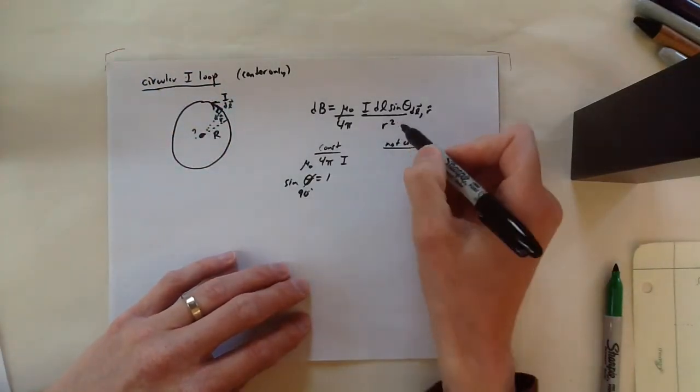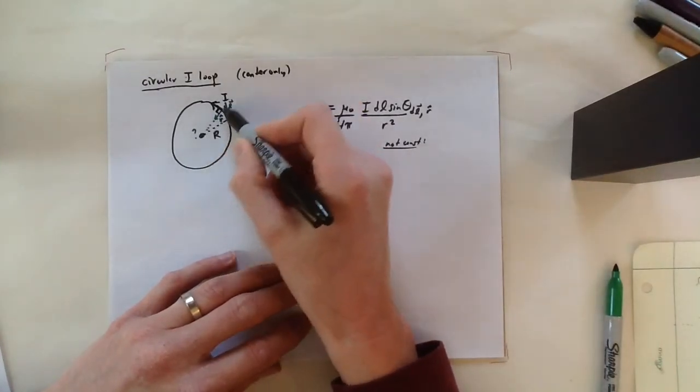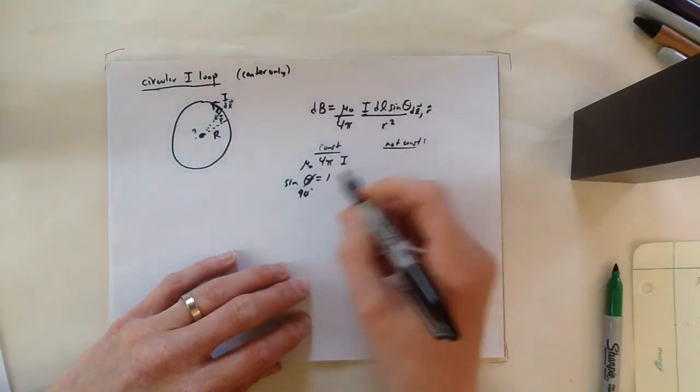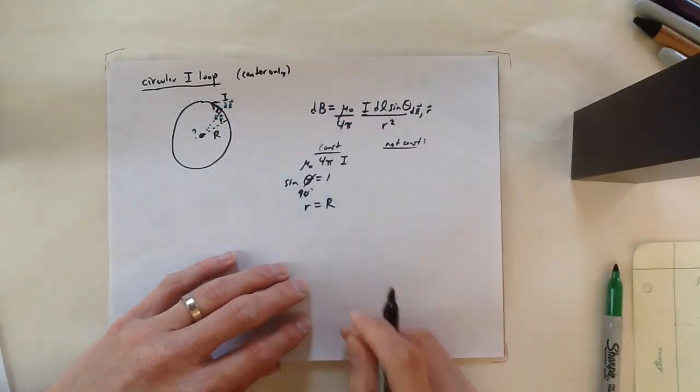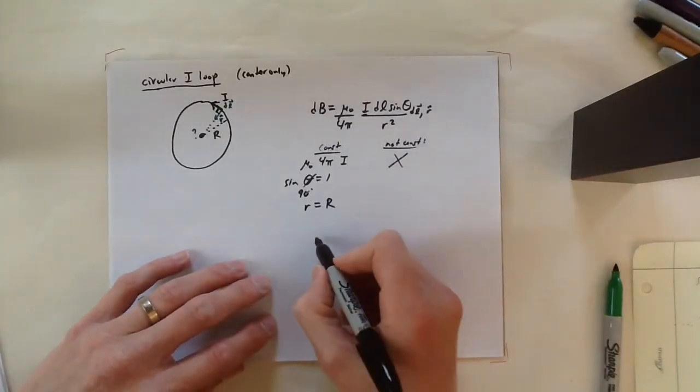And also, the distance from each of these segments to the middle is all the same. Every single little segment on this thing is a distance, big R, from the middle. And so there's nothing that's not constant. This is going to be super easy.